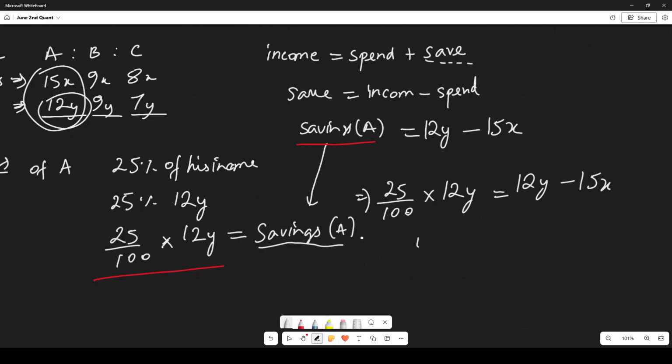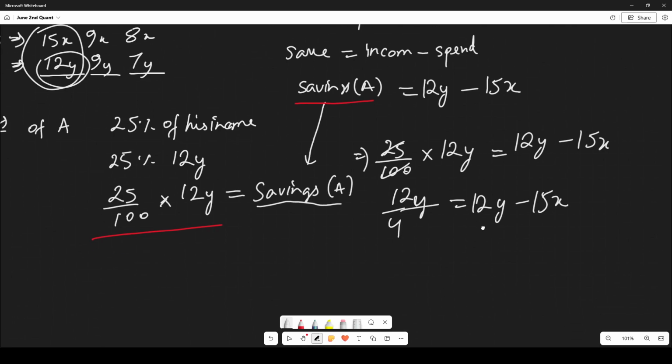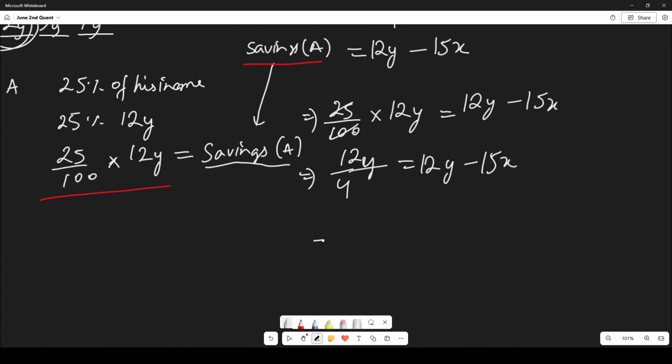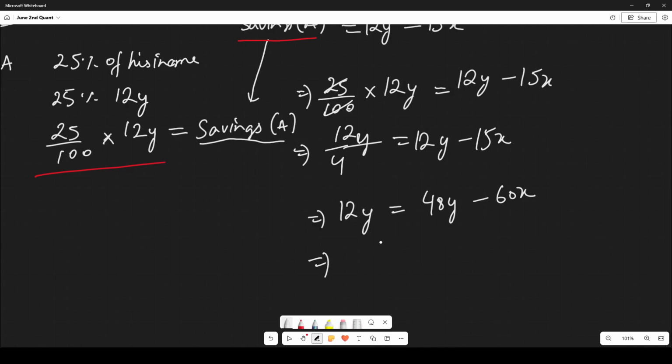Instead of 25 by 100, let's write it down as 1 by 4, and then multiply it with 12y. So this is what we get: 12y minus 15x. We're just going to simplify the equation now and see what we get. 48y minus 60x, and then just swap these two out.